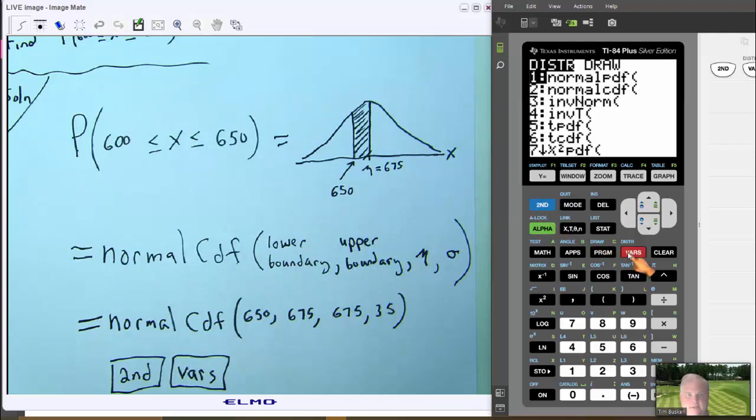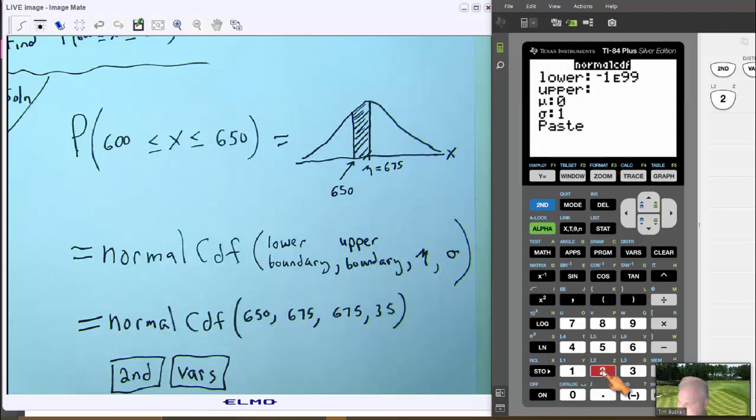This window pops up, and notice that 1 is normal PDF and 2 is normal CDF. We never use normal PDF. Normal PDF is a command used for drawing normal curves in the calculator. We are not going to need that command, but we do need the normal CDF command, the one that gives us the area underneath the normal curve. So I press the 2 button.